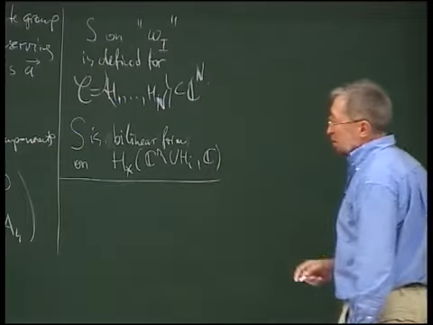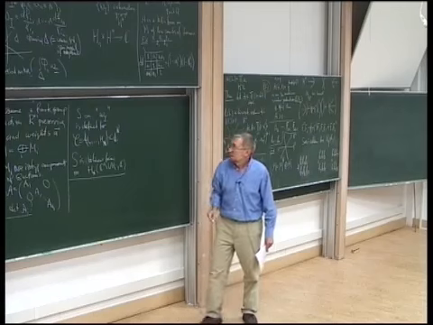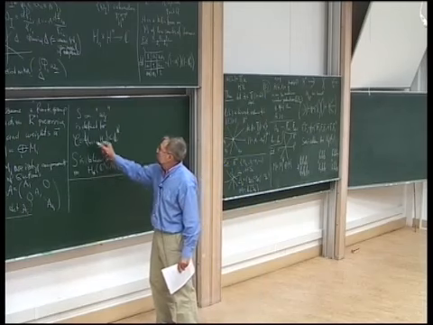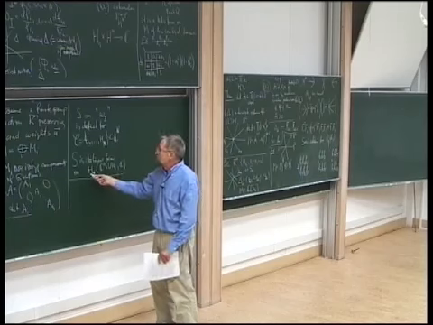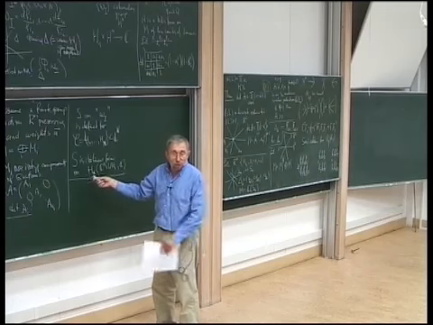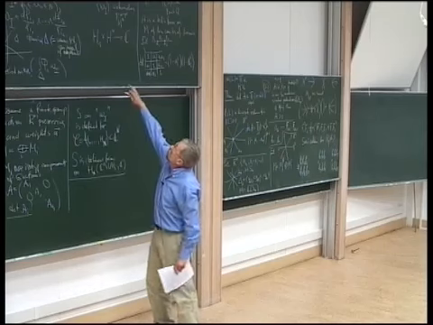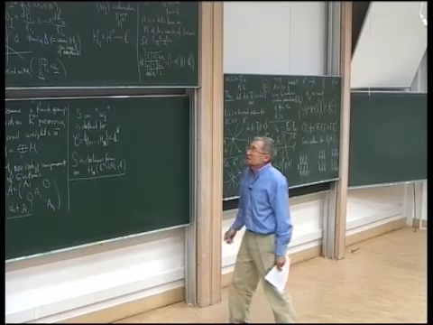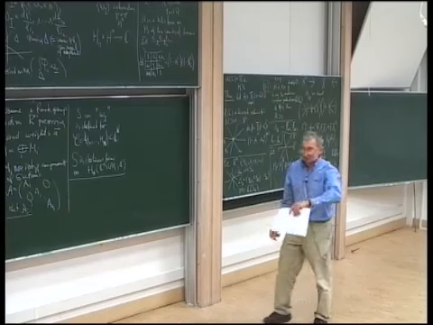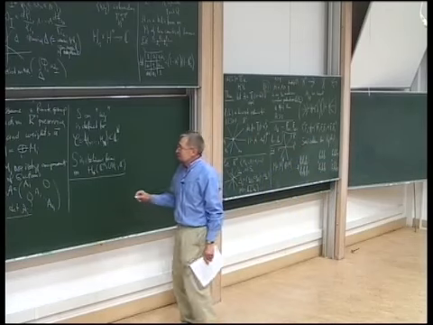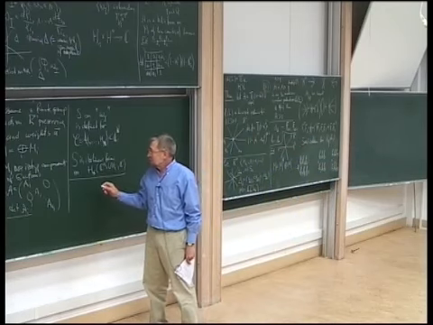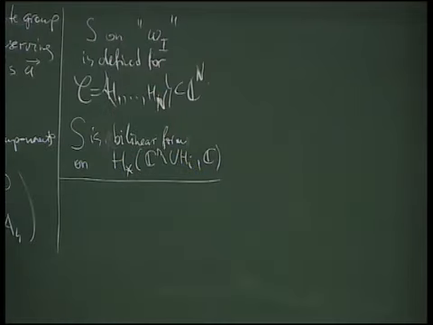But let me define it. So S is a bilinear form. I promised to define three forms, and I am yet on the first one. So it's defined differently.